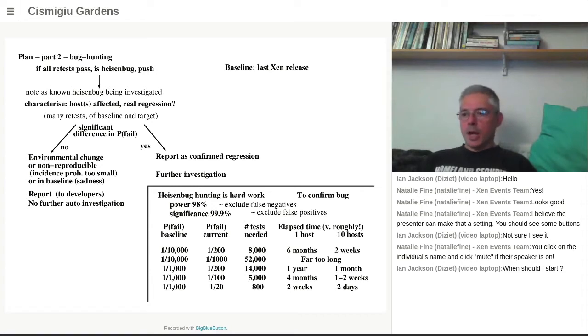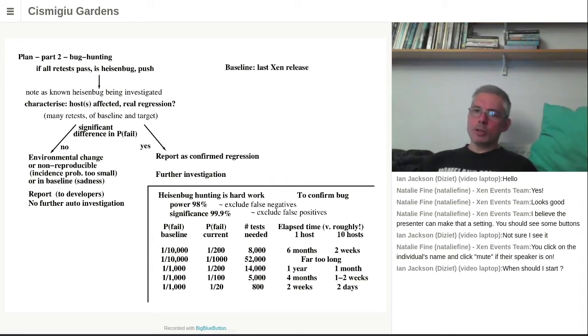My basic idea is, firstly, to try to characterize Heisenbugs, particularly to try to determine whether some particular probabilistic failure occurred in the last stable Xen release. If it was in the last stable Xen release, then we've already accepted that as a bug.